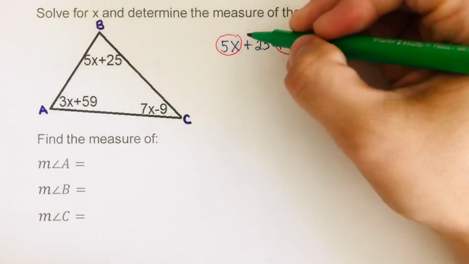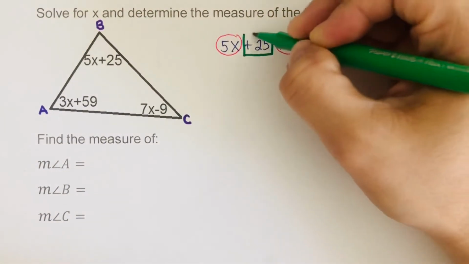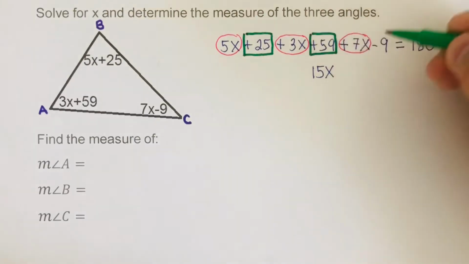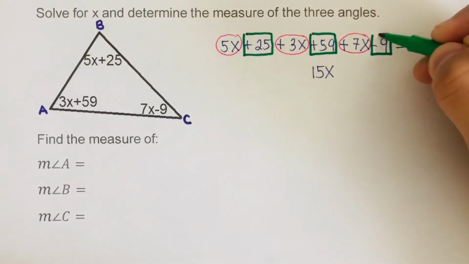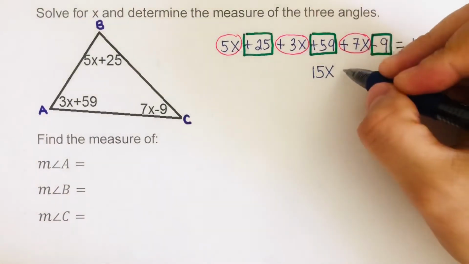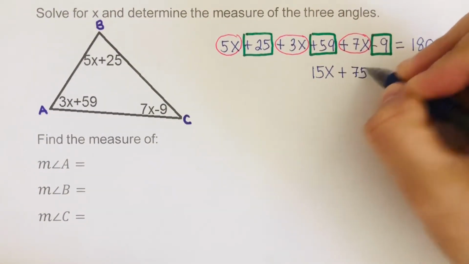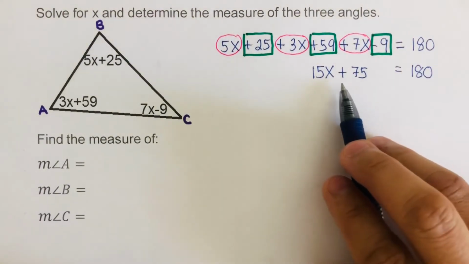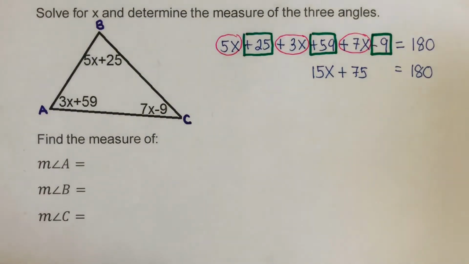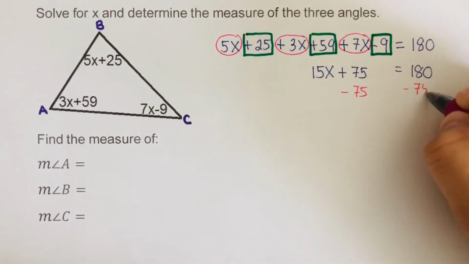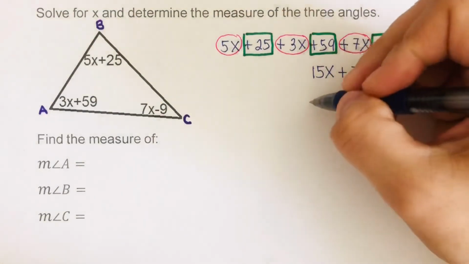So the constants are 25 plus 59 minus 9, which is 75. So that is plus 75 is equal to 180. Now, we find the x here. So we are going to subtract 75 from both sides, minus 75 here.